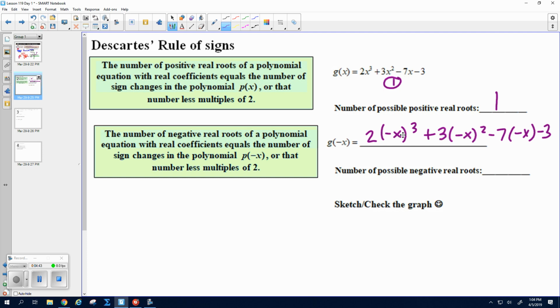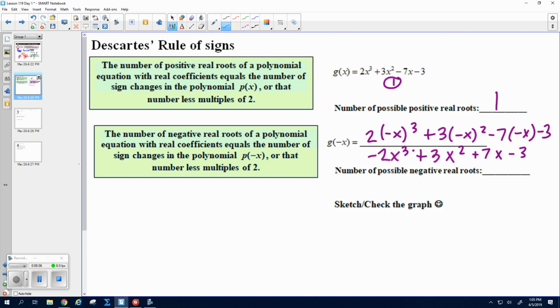Negative x cubed is negative, and we can pull that negative out to the front. So this becomes a negative 2x cubed. Negative x squared is going to be positive, right? I'm squaring the negative. So this actually stays plus 3x squared. And then here I'm going to have a negative times a negative. This makes a plus 7x, and then a minus 3.